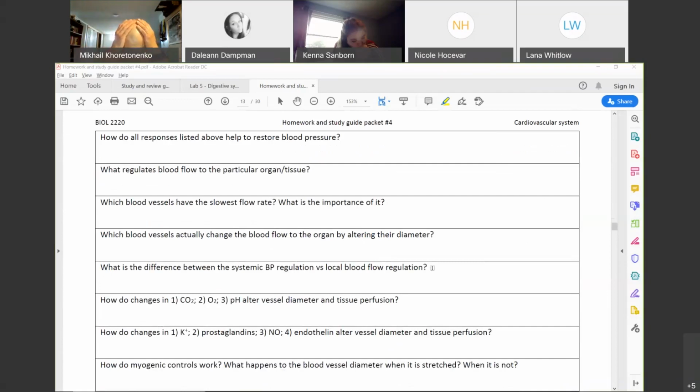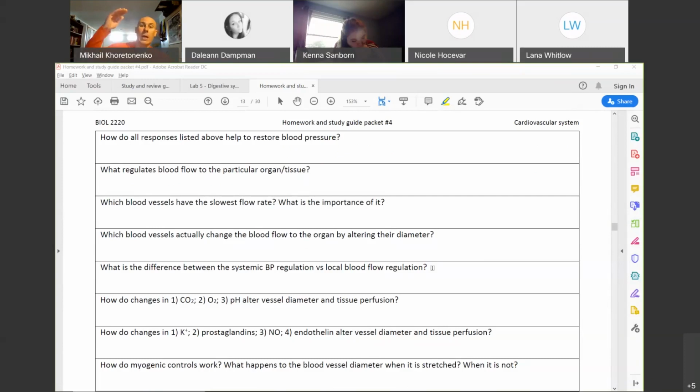I had a couple of questions about this. So basically, here's the idea. If blood pressure is in a relatively normal range, let's say if we talk about mean blood pressure, so it's like 60 to maybe 160, local blood flow will be the priority.